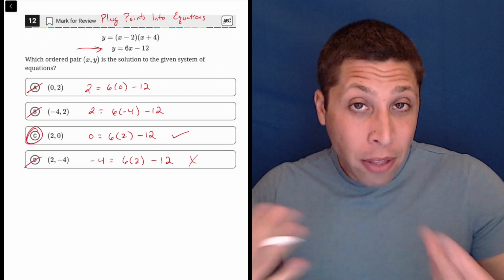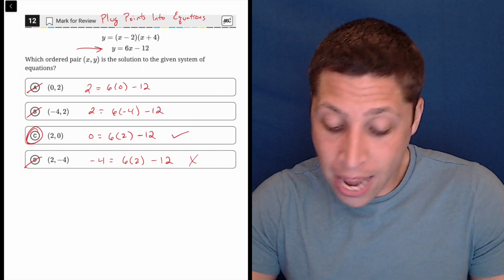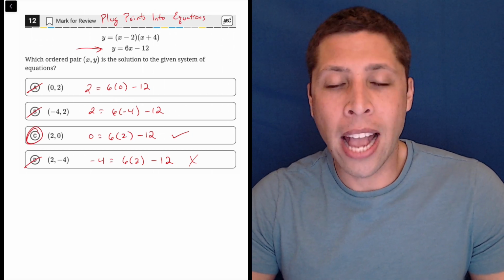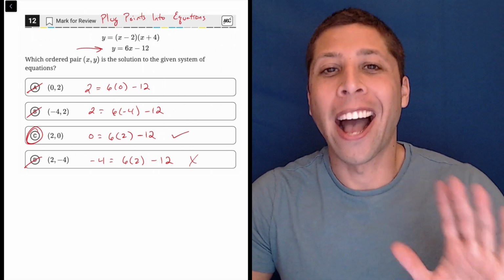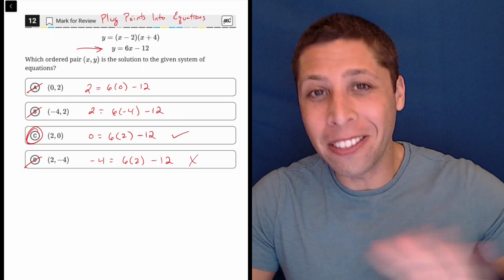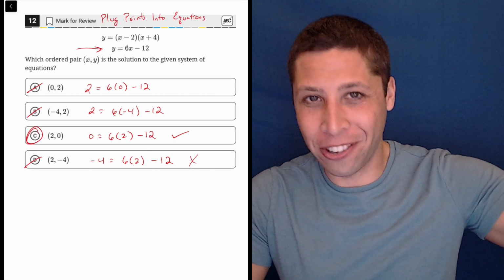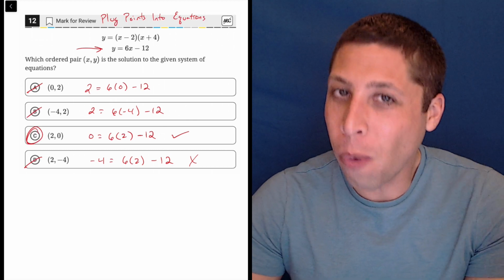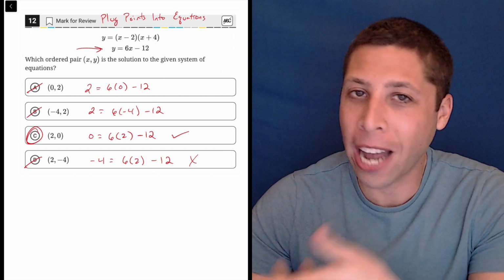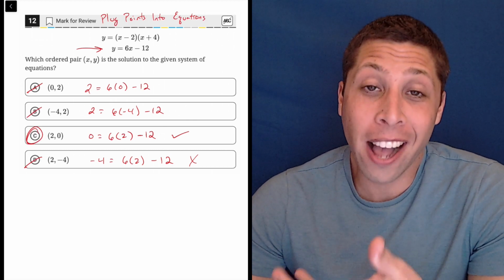I haven't bothered to check any of these points in the top equation, because only one of them even worked in the bottom equation. That was not guaranteed.